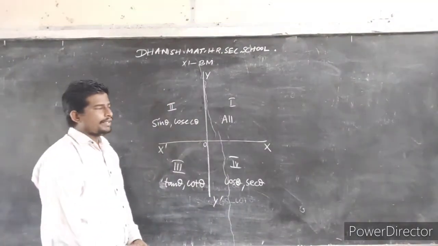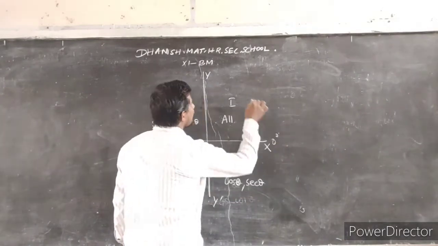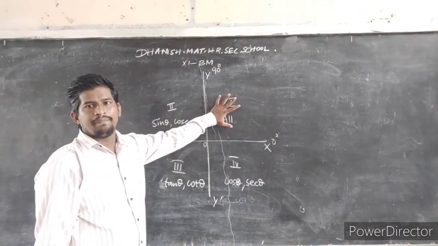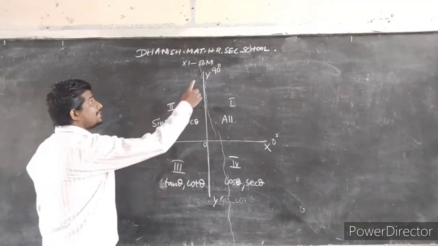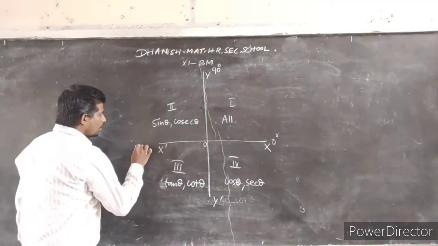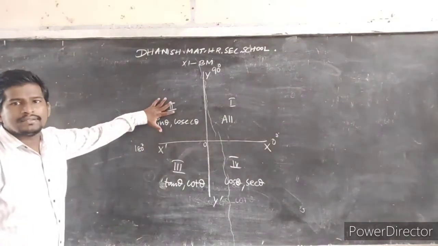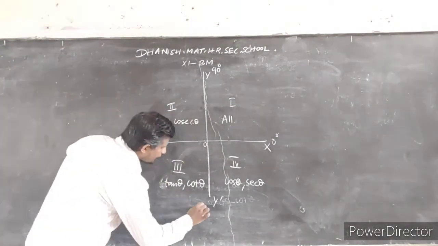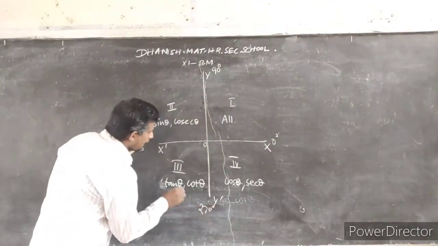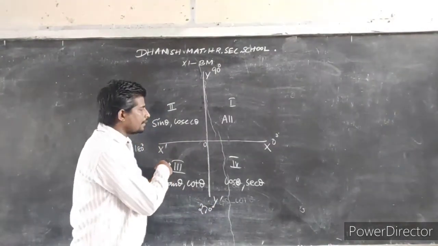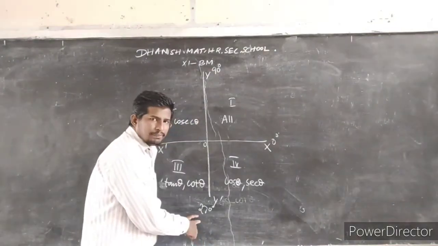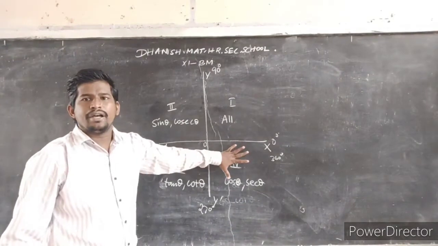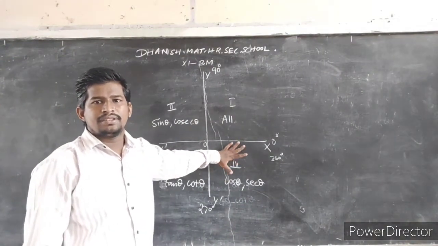The angles between 0 degree to 90 degree lie in the first quadrant. 90 degree to 180 degree lie in the second quadrant. 180 degree to 270 degree lie in the third quadrant. Similarly, 270 degree to 360 degree lie in the fourth quadrant.